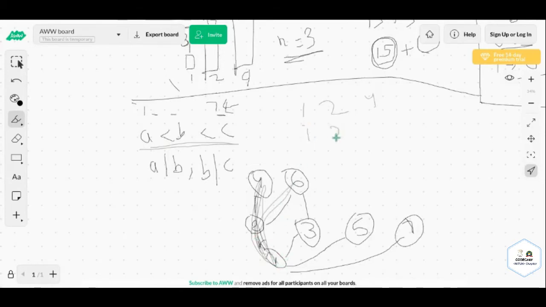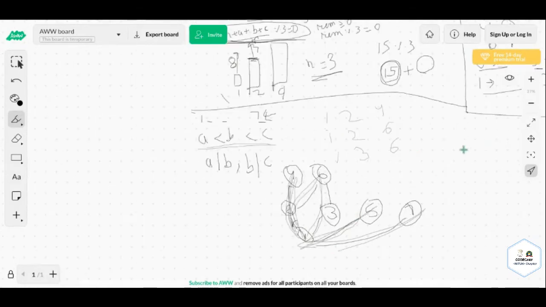Another is 1, 3, 6. And 1, 5 is not possible because it contains only two numbers, but we require three. And 1, 7 is also not possible, because we require exactly three elements.